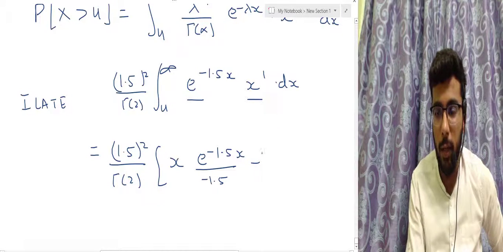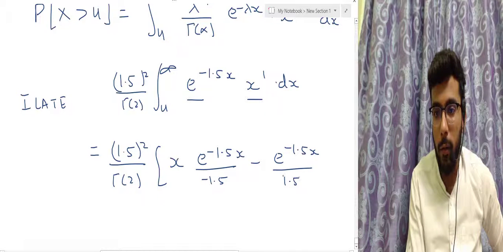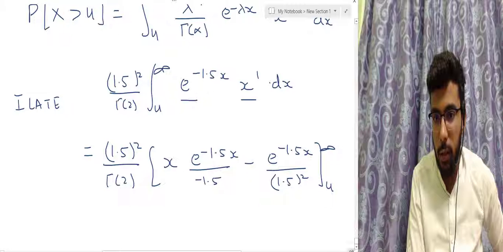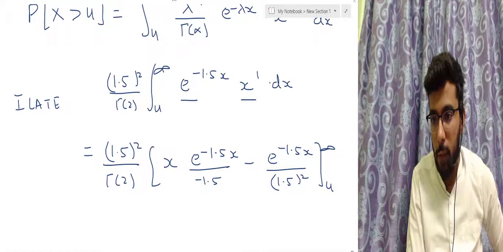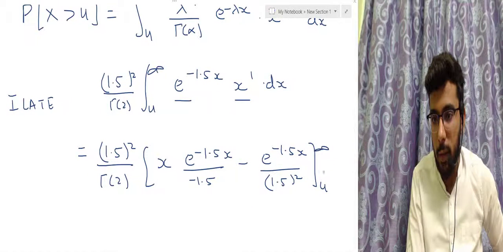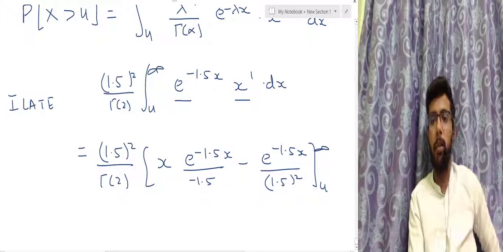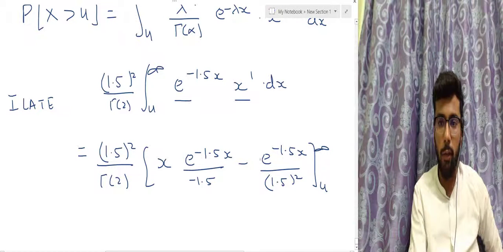So I'll have to integrate this twice. This just becomes e to the power of minus 1.5x upon 1.5 squared, integrating from 4 to infinity. Now let's check this, it's very easy. At infinity, both of these terms will become 0, because e to the power of minus infinity is 0. When you put infinity, these will be e to the power minus infinity. At 4, they will take a value.